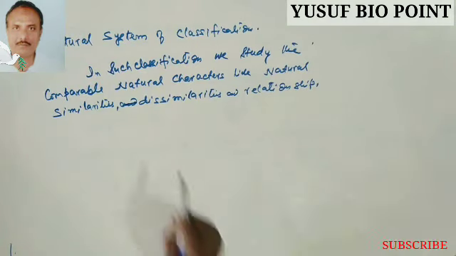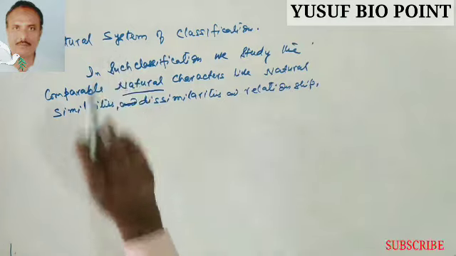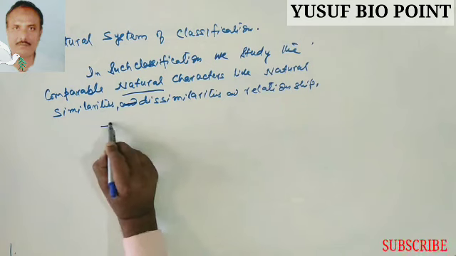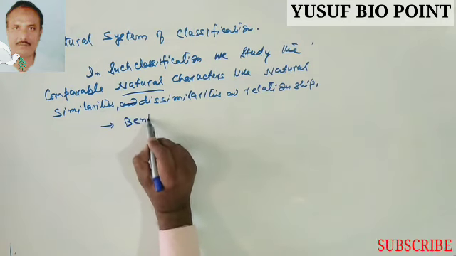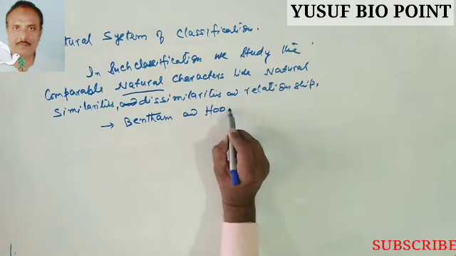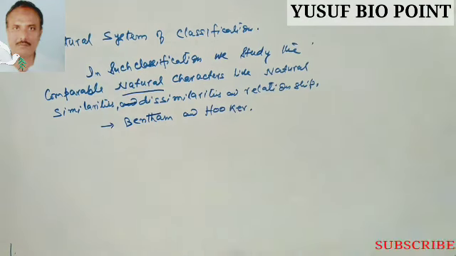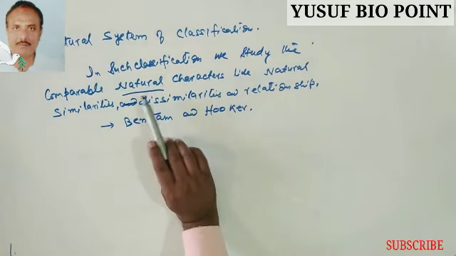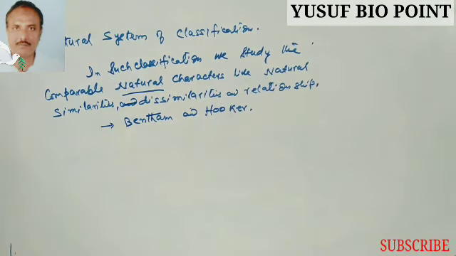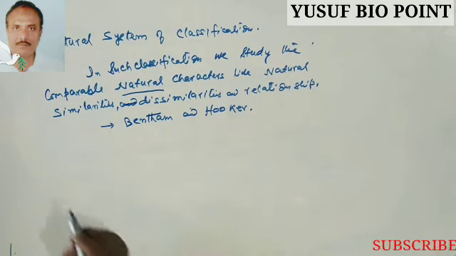So this is based on the natural characters, so the name is given natural system of classification, and that is proposed by Bentham and Hooker. They mainly studied the natural characters, that is similarities, dissimilarities, and what's the relation naturally. On that basis, they classified, and which is called natural system of classification.